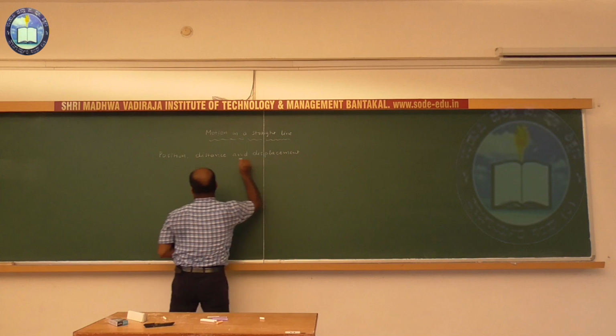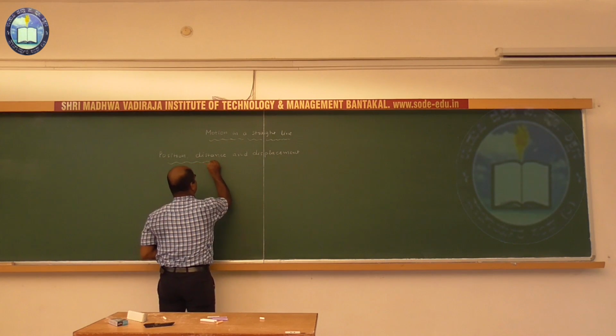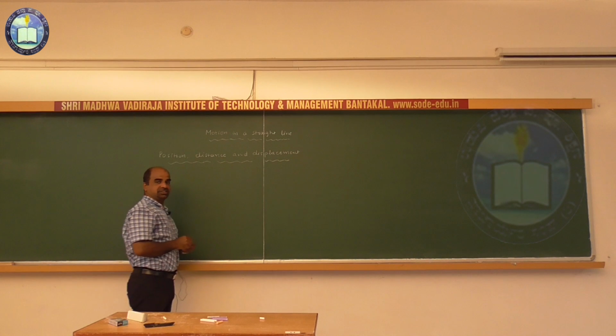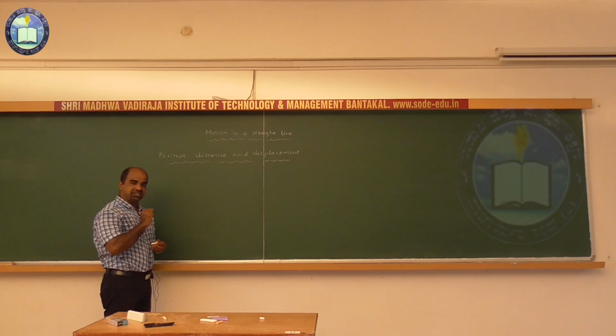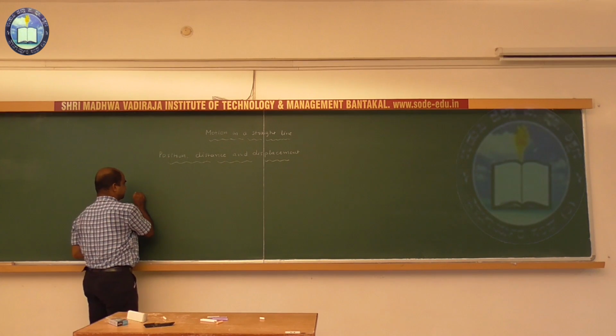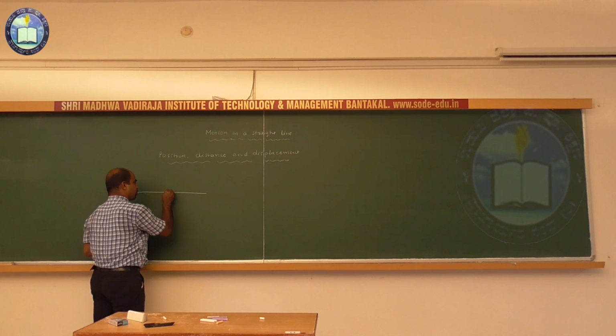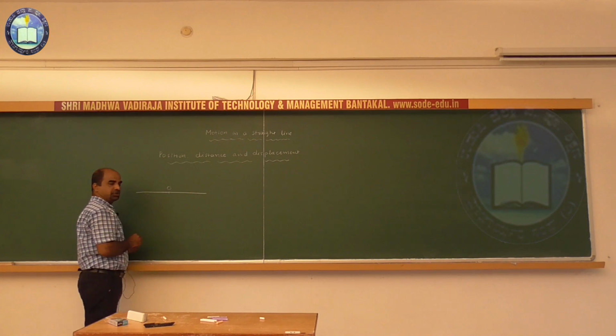So what is position? We know when the body is moving, say the body moving along the horizontal axis, that continuously changes its what? X coordinate. Position of the body is represented in terms of X coordinate. Say let O is the reference point, then O is known as the origin.